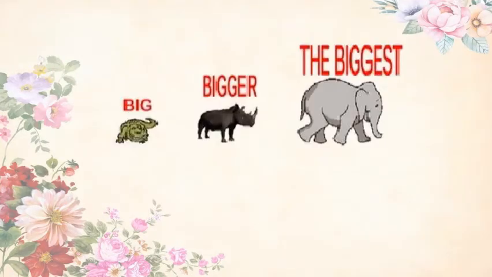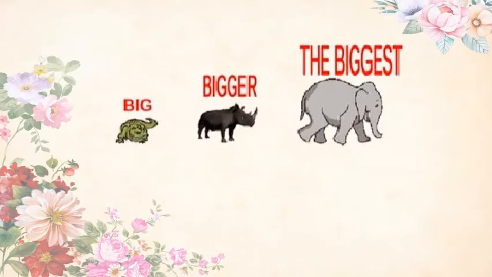Now, we can see 3 animals here: lion, rhino and elephant. And it is written big. Lion is big, but rhino is bigger than lion, and elephant is the biggest among all the 3, isn't it?